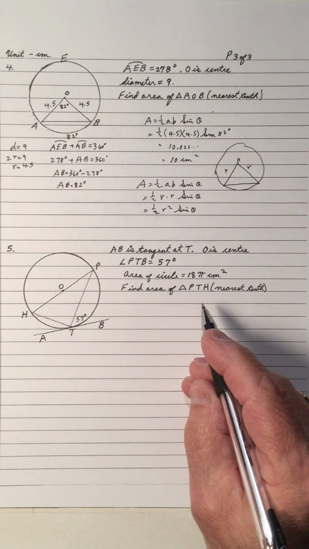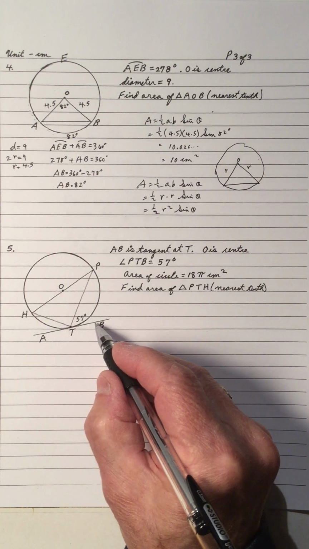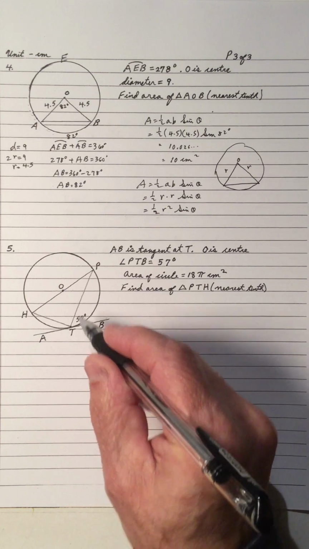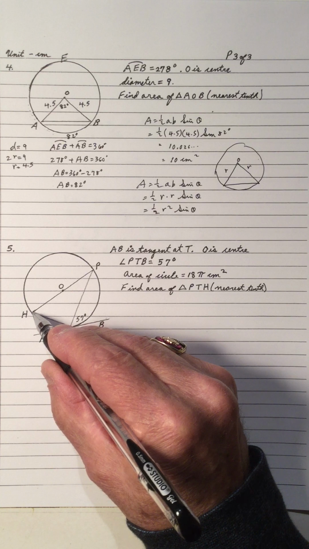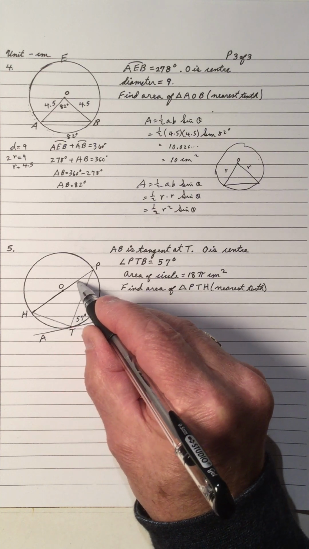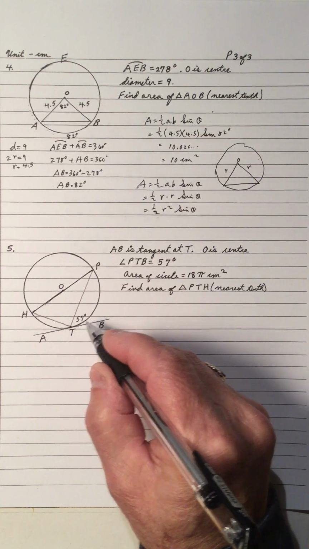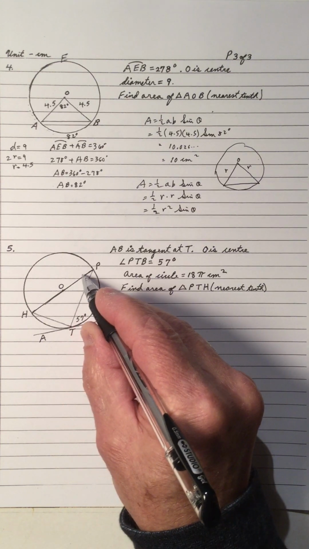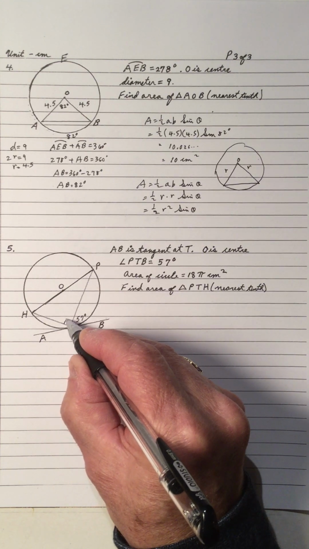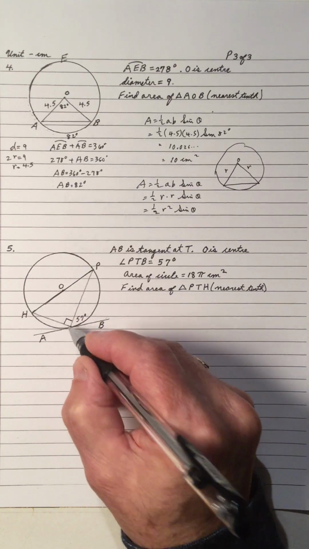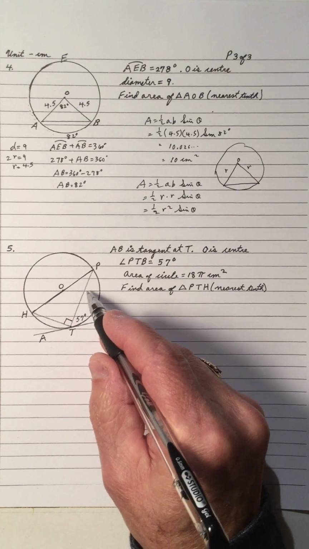So what do we have? We got a tangent, and that's the diameter right there, going on through the center. So the angle subtended by the diameter, the first thing I see is that this angle right here, PTH, is 90 degrees.